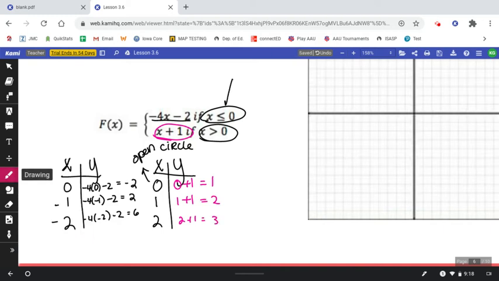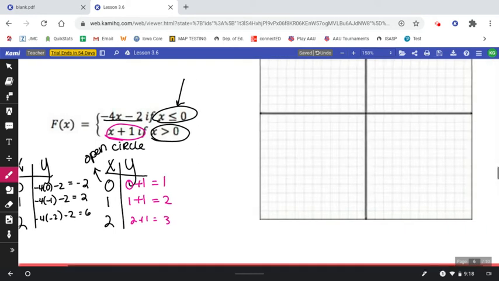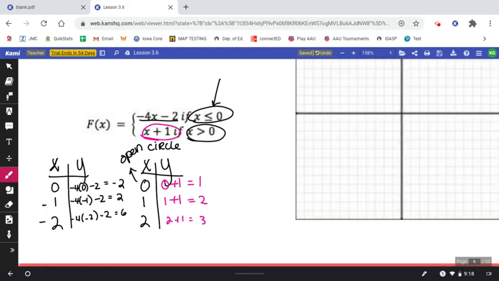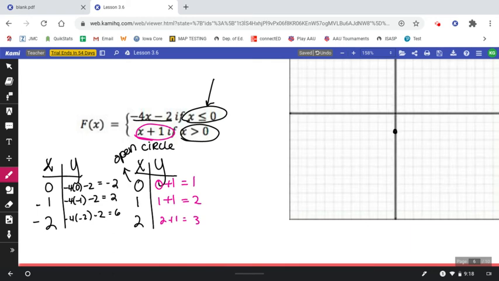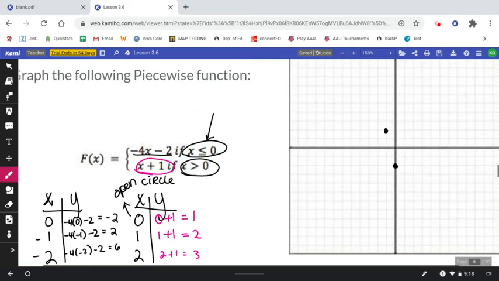This top one, I remember that it's greater than or equal to, so I'm going to use a closed circle. So my first point is 0, negative 2, then negative 1, positive 2, and negative 2, positive 6. It's going to continue in this direction.